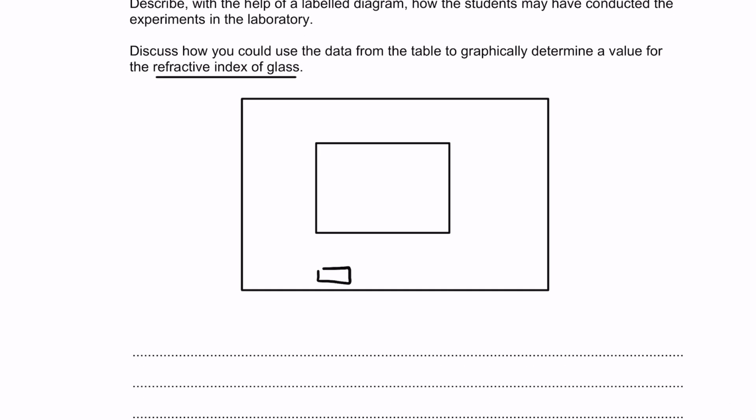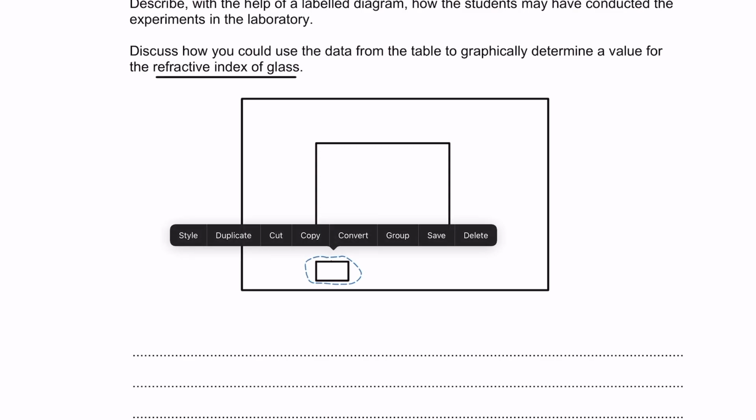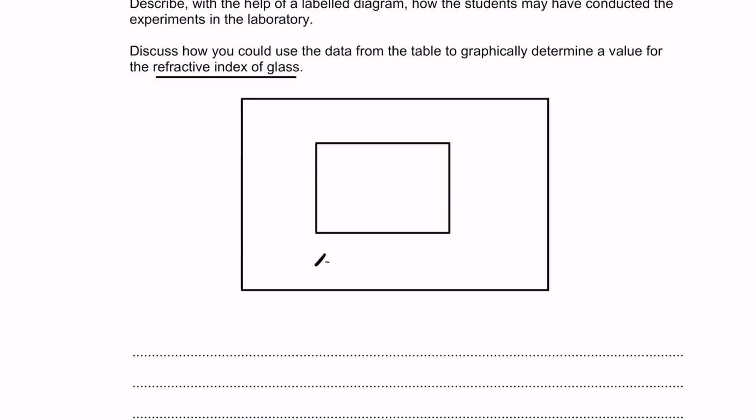Gosh, my drawing is horrible. So we can set it up in such a way that, let's say, it's really bad, but can I delete it? Okay, let's just do it at an angle. That's better.